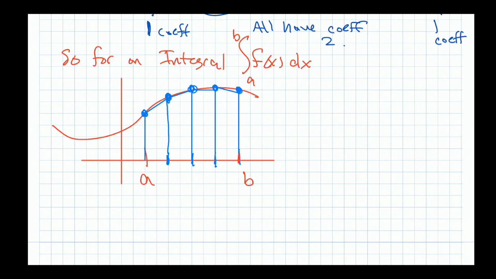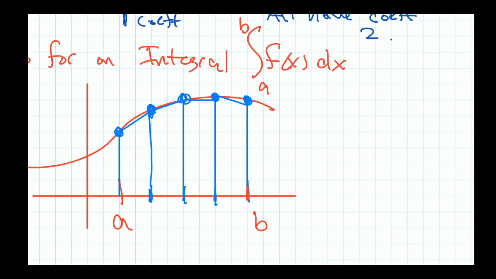So I can't get those. It's supposed to go from dot to dot, but it really doesn't want to go dot to dot. It wants to snap to a different value. So that's really annoying that I can't draw it. Okay, it's close enough. Okay, so just imagine it goes dot to dot. The point is that the tops are not exactly equal to the red curve because they're straight line segments, okay?